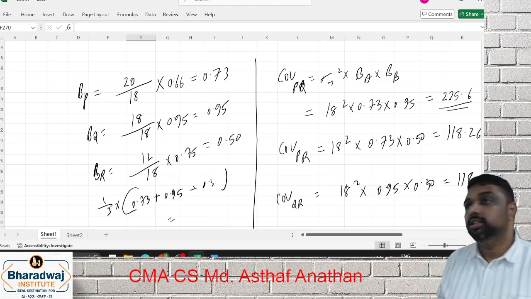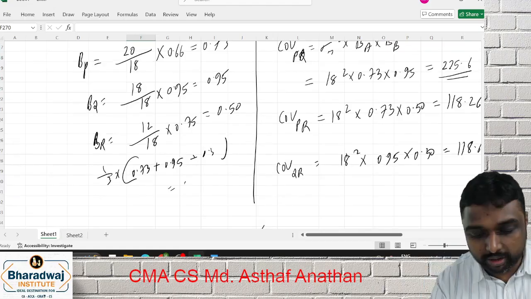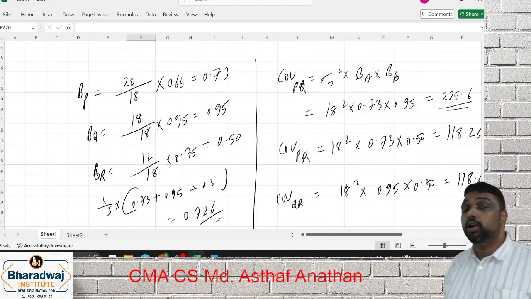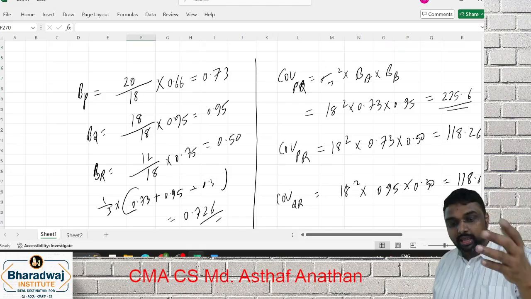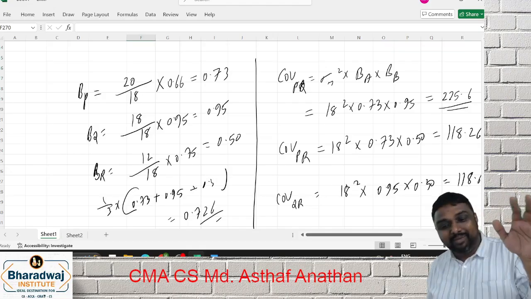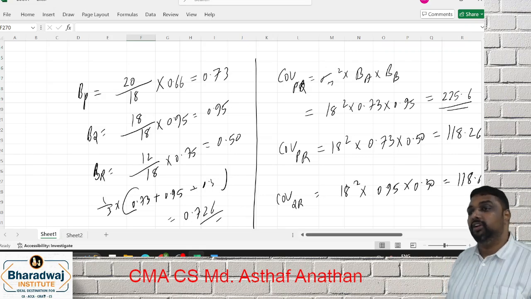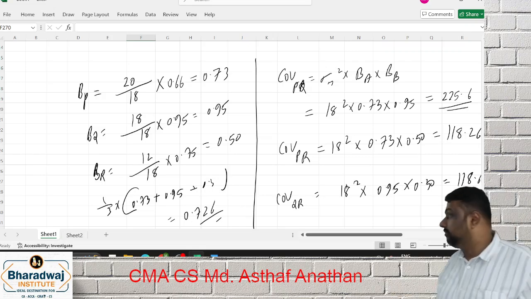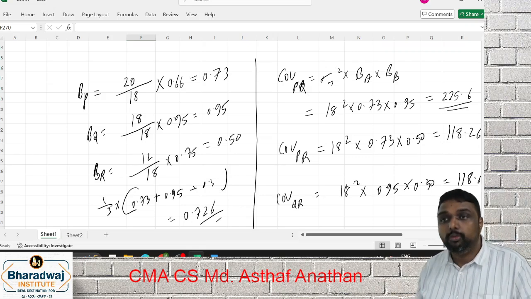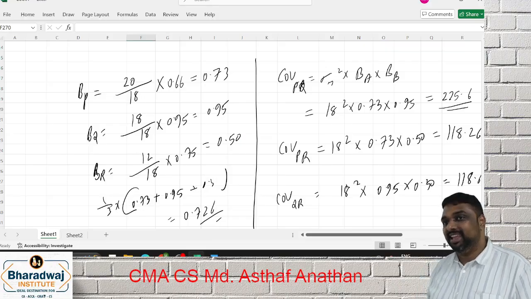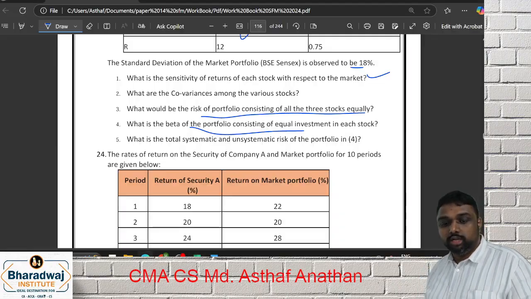You have to take all the three and divide. 0.726. This is one shortcut method. Or you can do the proper method: 1 by 3 into 0.73 plus 1 by 3 into 0.95 plus 1 by 3 into 0.5. You can get that also, but the final answer will always be 0.726. Yes or no, friends? Good. So this is another method.